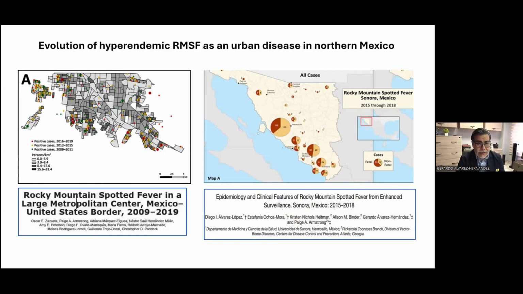In this slide, I'm giving you two examples: the outbreaks in Mexicali in Baja California and the spread of the outbreaks at the county level in Sonora, Mexico, both in the northwestern part of the country.